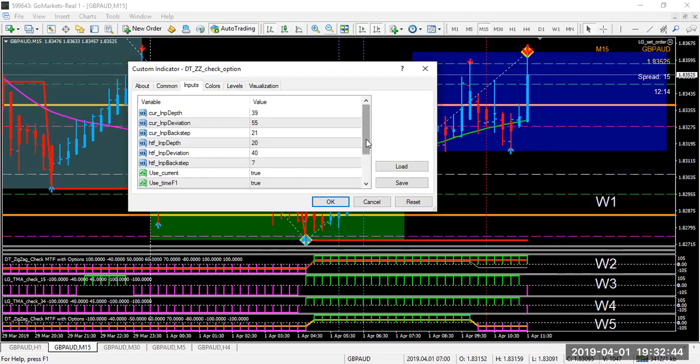Okay, so these settings are to support any counter trend, or if the current time frame supports a jumping diamond environment.